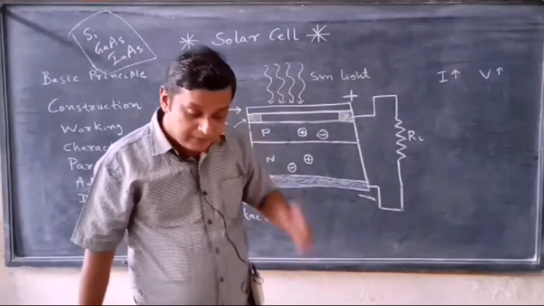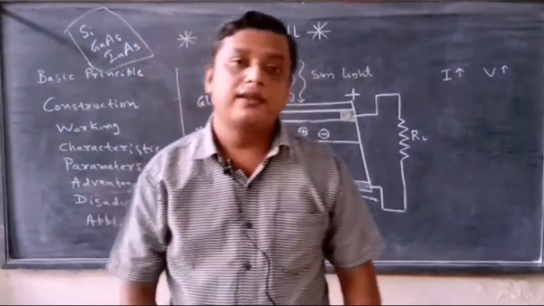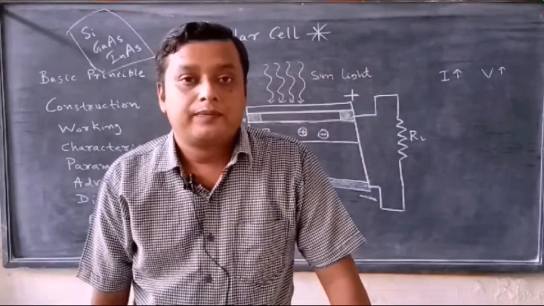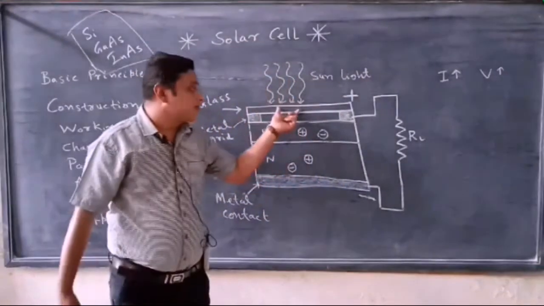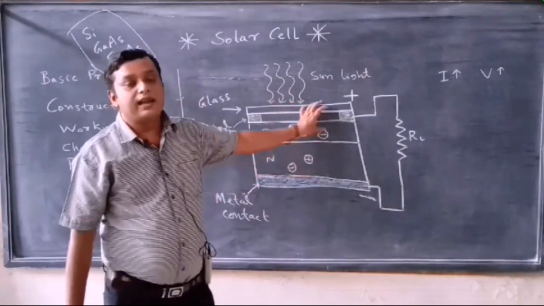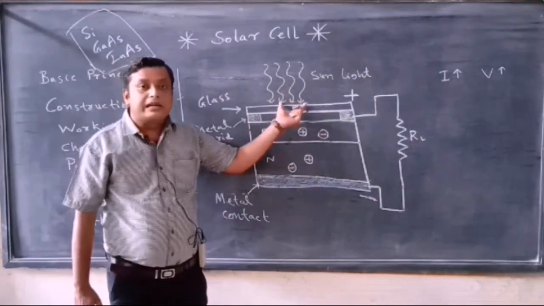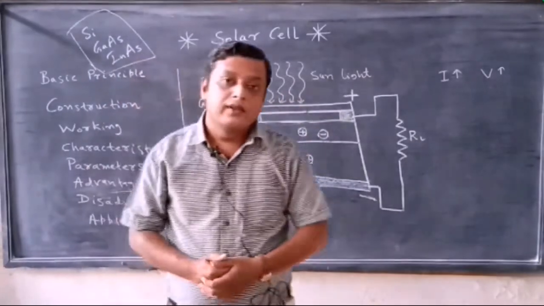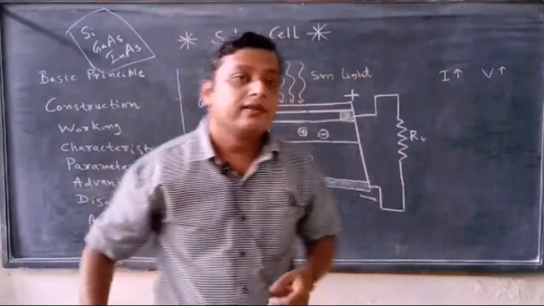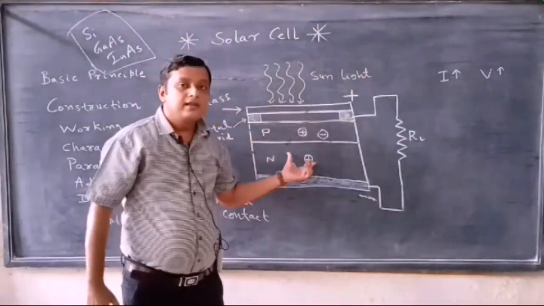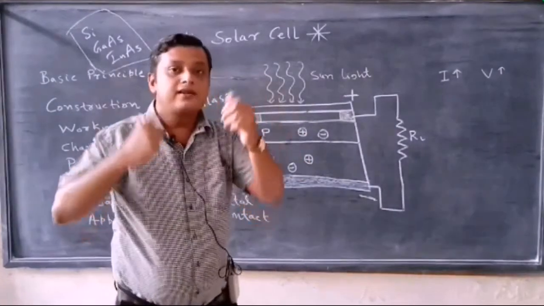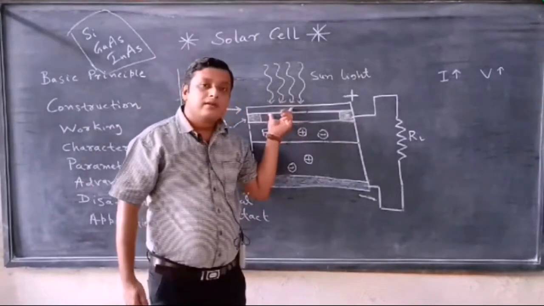The reason for using this glass at the top of the solar cell is that glass allows more and more sunlight to reach the diode, so more light can be collected with the help of glass.